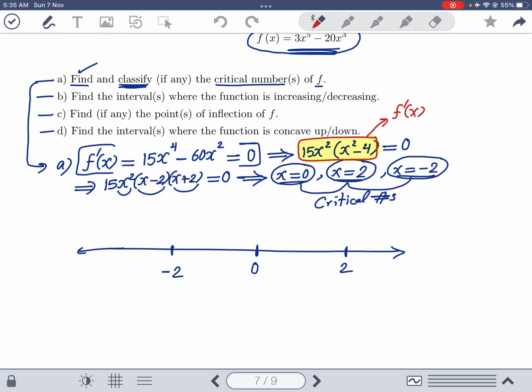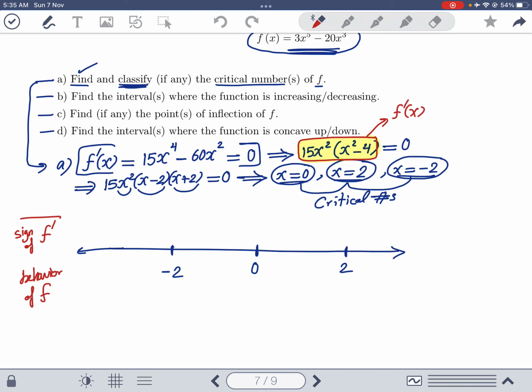Yeah, it's easier to work with this. So now, what I want to see is f prime of x, its sign of f prime of x, and in the bottom is the behavior of f.